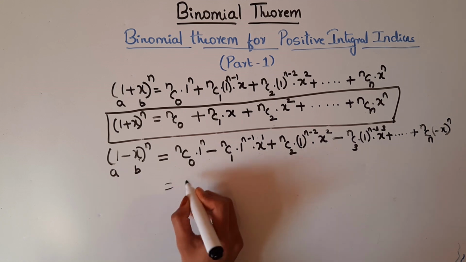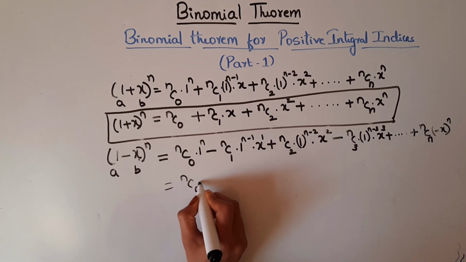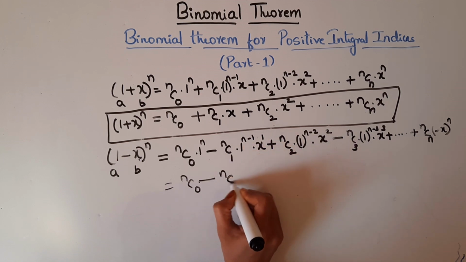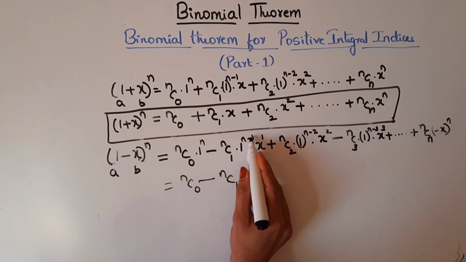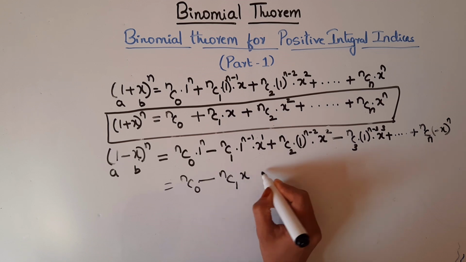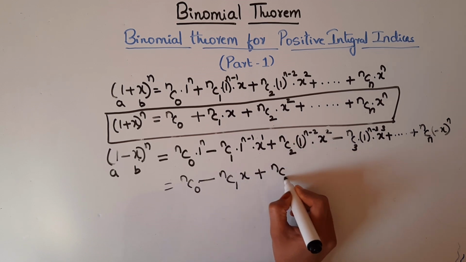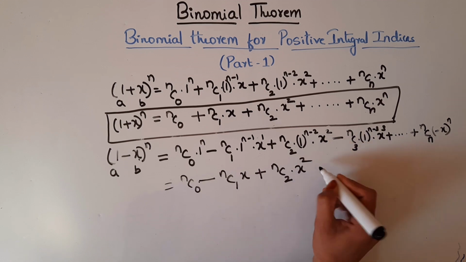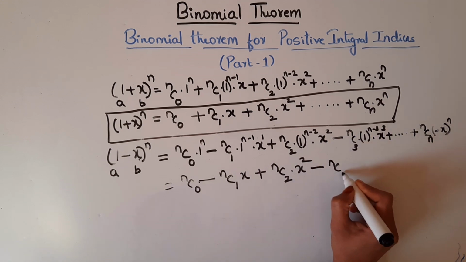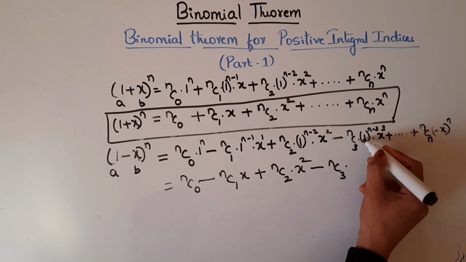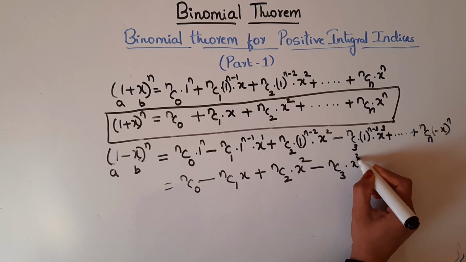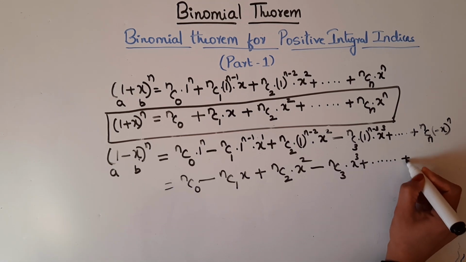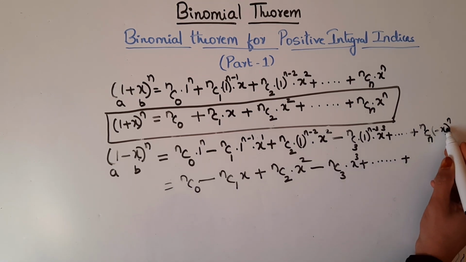Or you can also write this as NC0, 1 power n is 1, minus NC1, 1 power n minus 1 is 1 into x, plus NC2, this is 1 into x square, minus NC3 into, this is 1, so into x cube, plus, and so on. So the last term I can write as minus x to the power n.